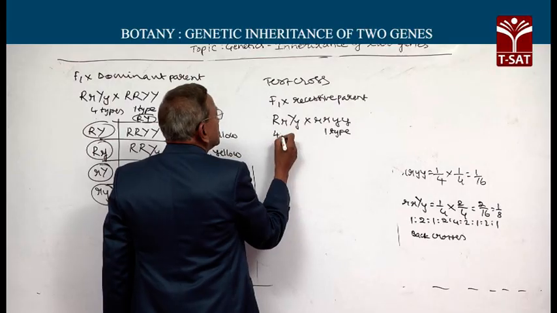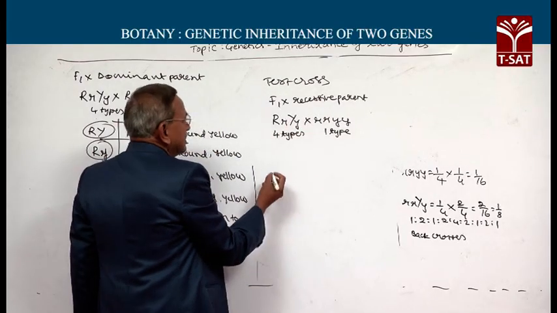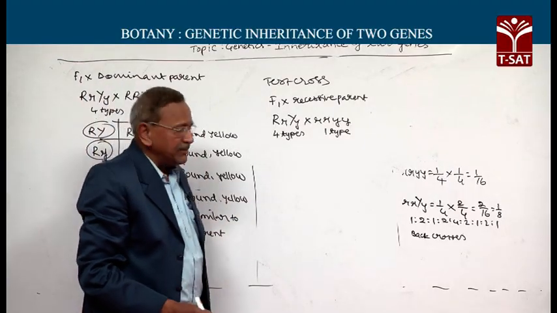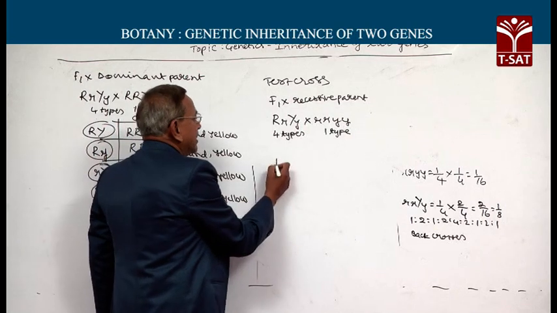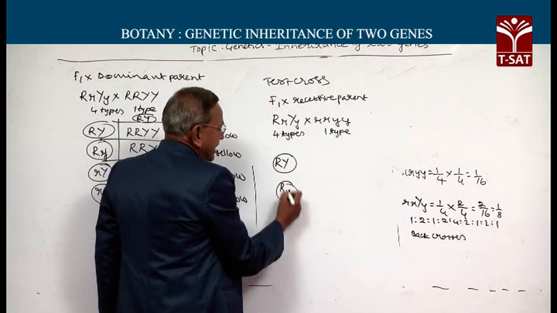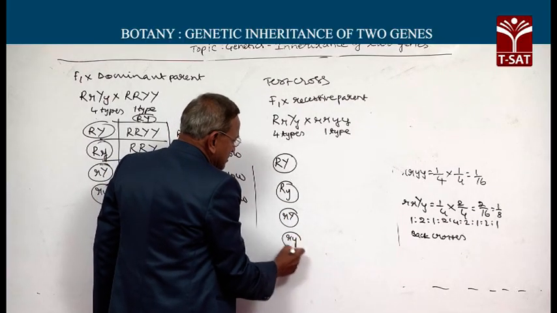F1 will produce 4 types of gametes because it is heterozygous: capital R capital Y, capital R small y, small r capital Y, small r small y.